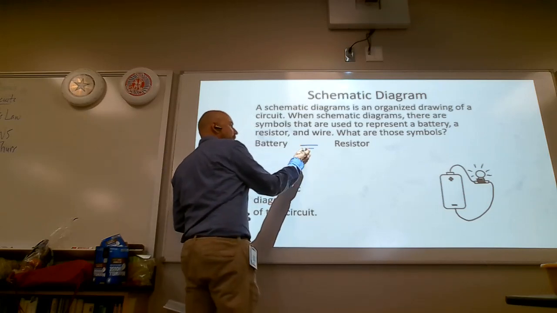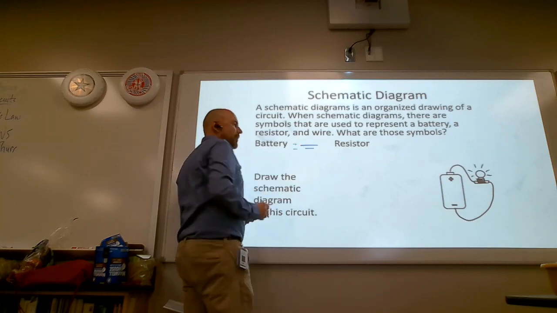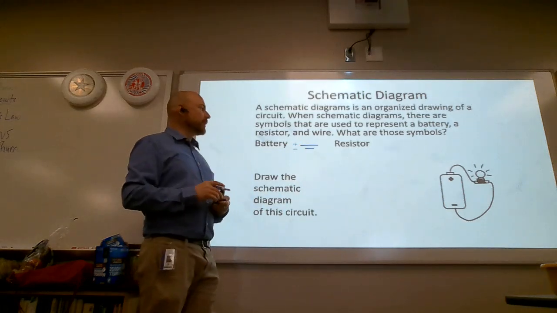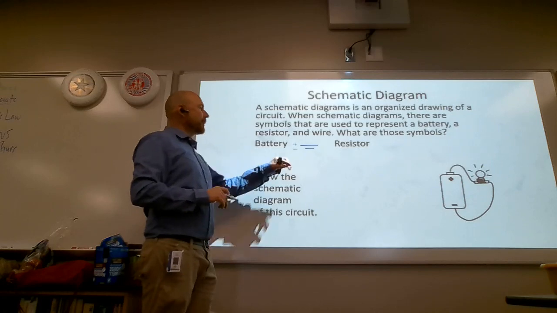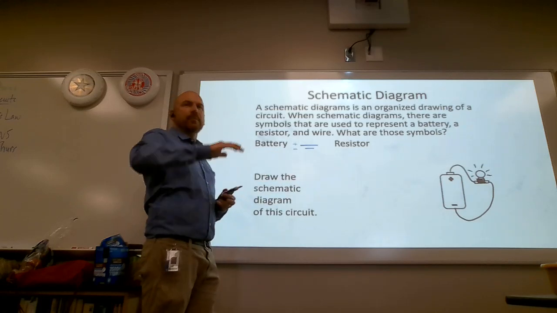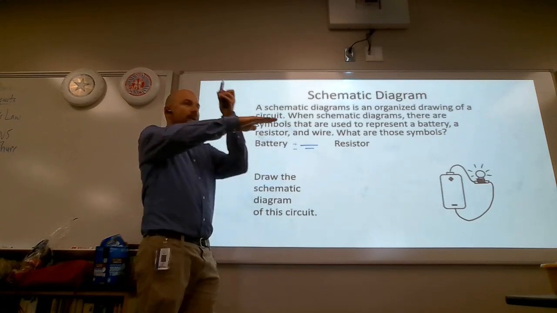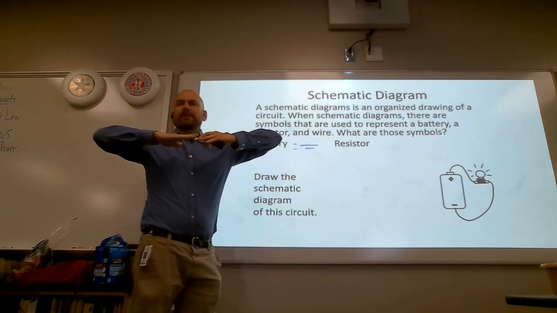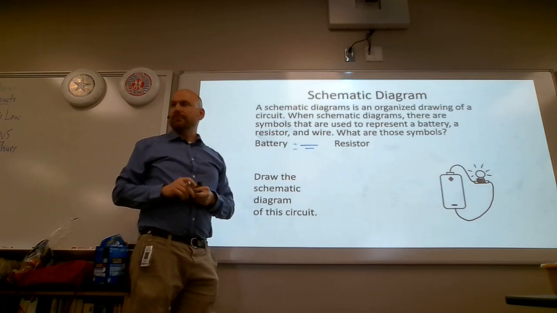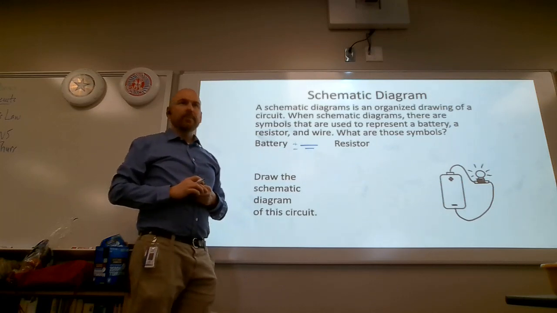Long stick and a short stick. Here's how I remember it. The short stick's negative. It's only one stick to make a negative sign. It takes two sticks to make a positive sign. Good with that?